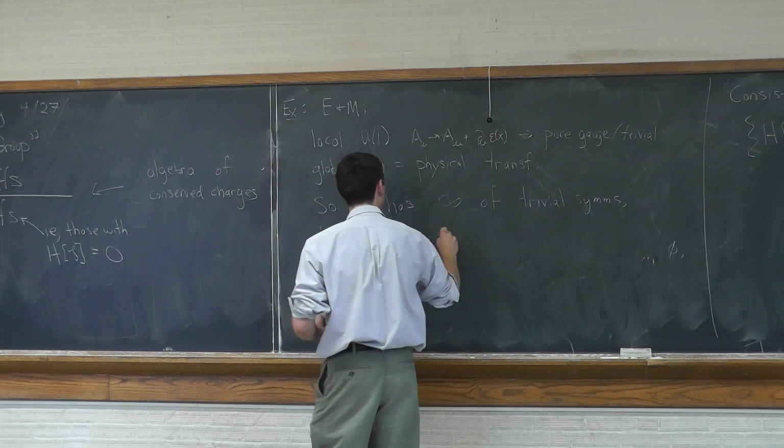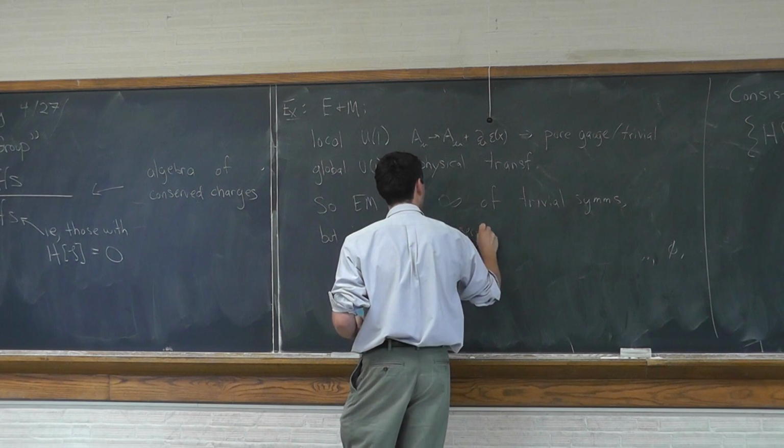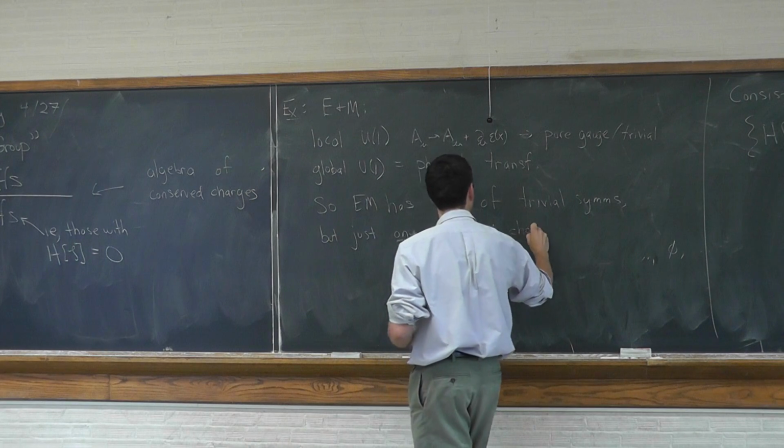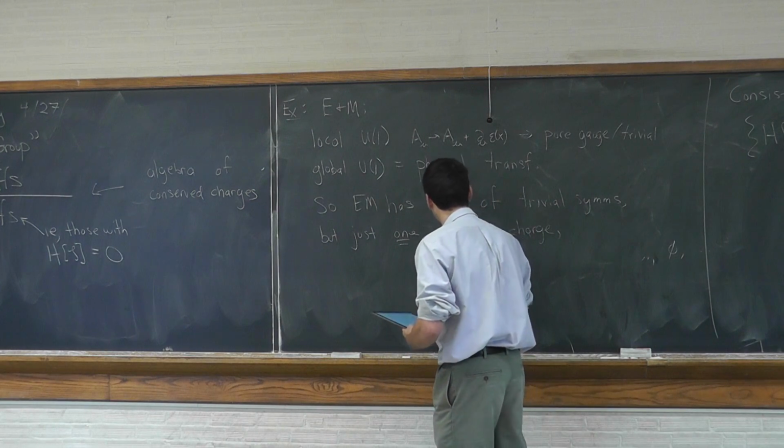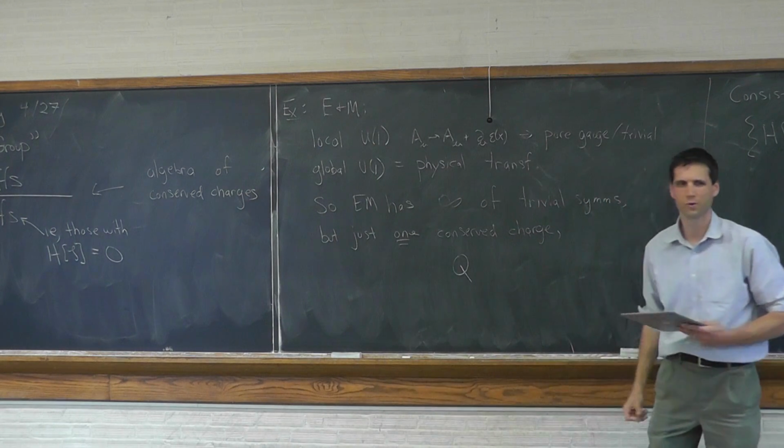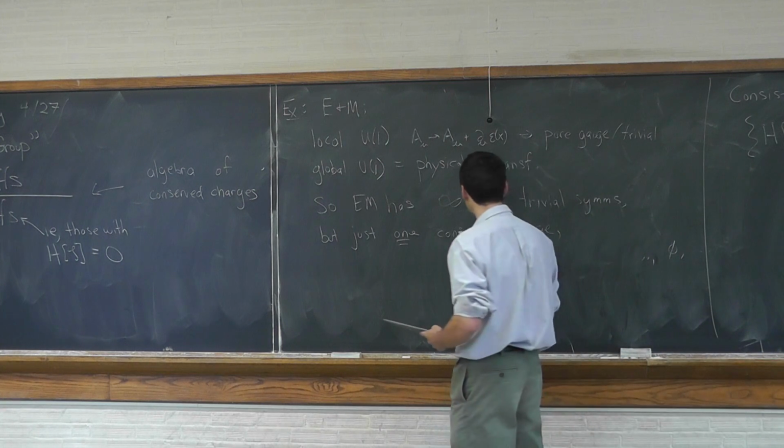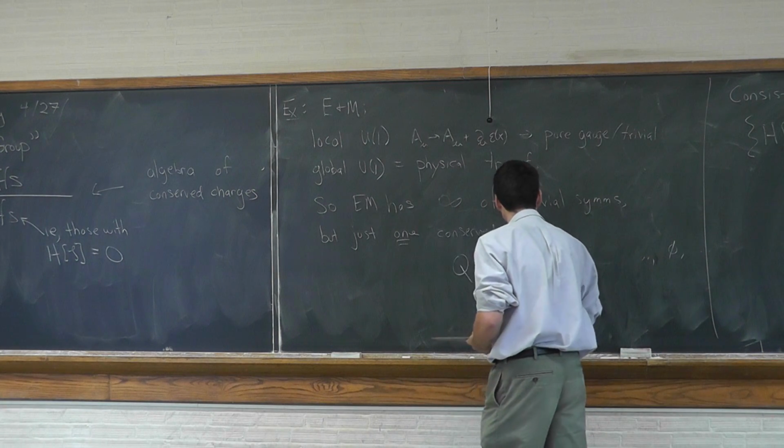But of course, just one conserved charge, Q, the total charge, which you can calculate from fields using Gauss's law.